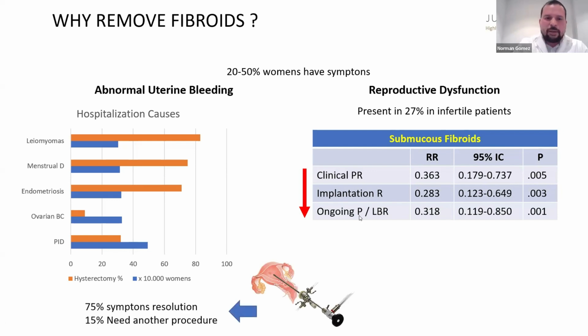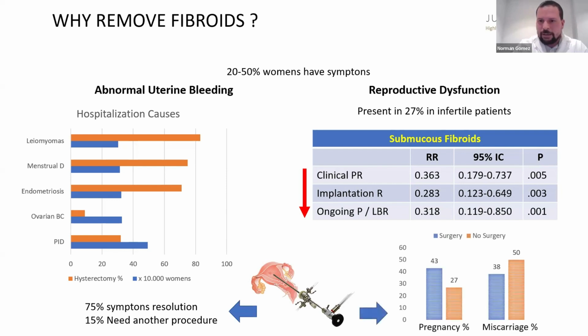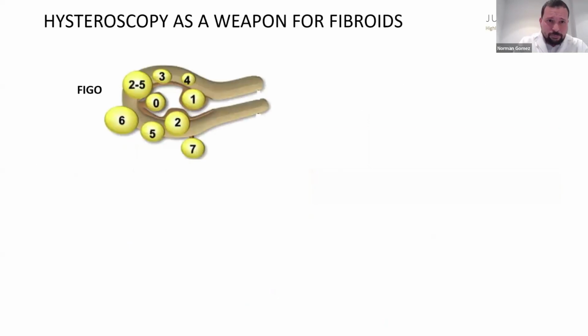So the surgery relieves the symptoms of the patient in 75% of cases. And in terms of pregnancy and miscarriage, it increases the pregnancy rate and reduces the miscarriage possibilities. So surgery is a good option in fibroids, and more so with a submucosal component.